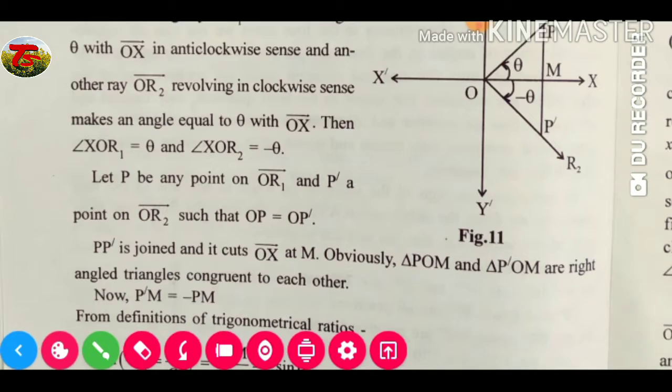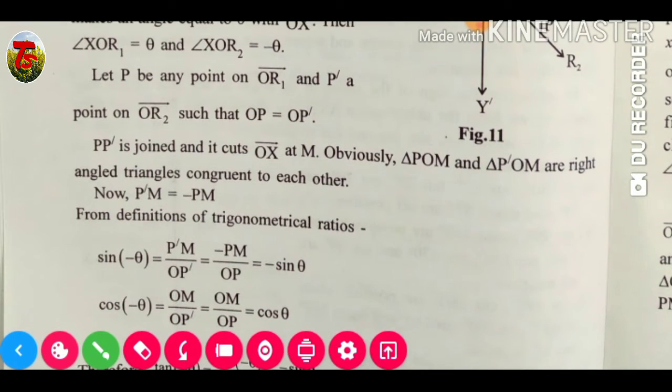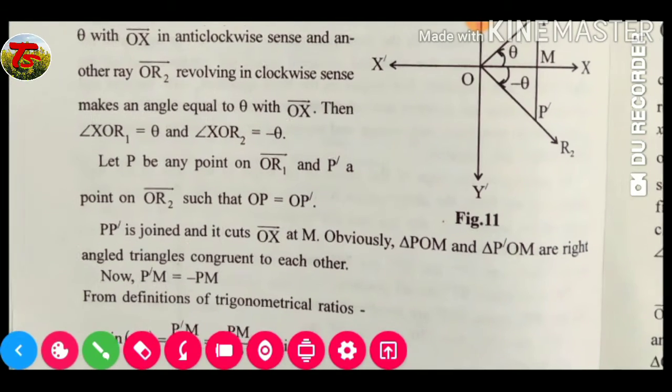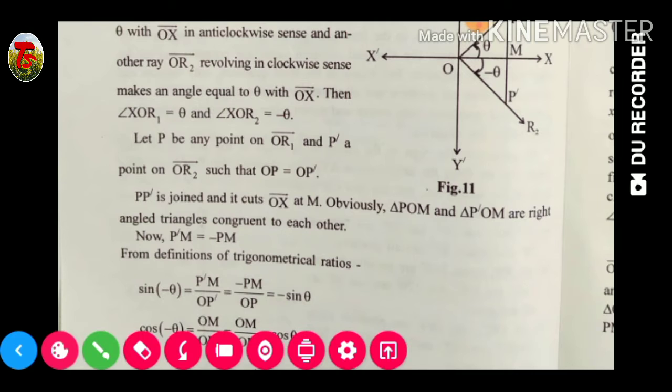Now we will go to our ratios, from the definition of the trigonometrical ratios. So sine minus theta. According to the form, this will be P dash M, the opposite side of the angle, that means the perpendicular, divided by the hypotenuse. Hypotenuse is OP dash.